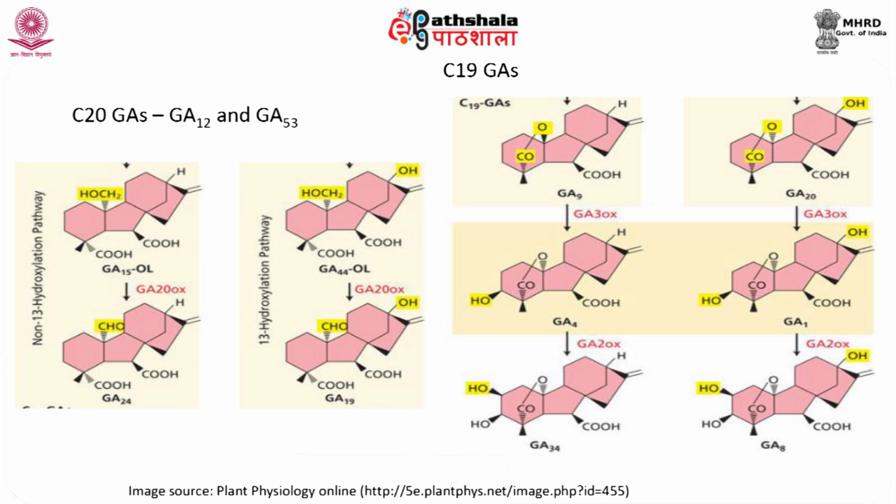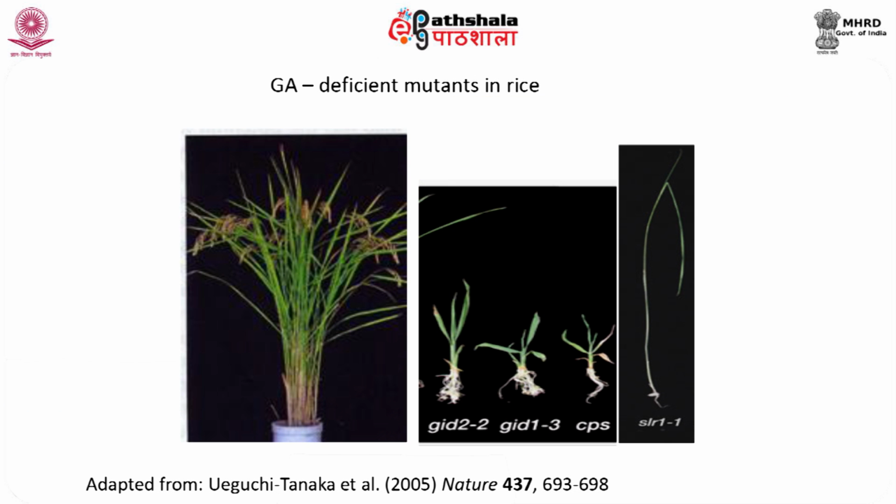GA activity is therefore regulated by the expression and activity of three oxidases: GA20 oxidases, GA3 oxidases and GA2 oxidases. Enzymes in the gibberellin biosynthesis pathway were identified by isolation of dwarf mutants that arose due to GA deficiency. For example, the mutant cps showed a defect in the enzyme copalyl diphosphate synthase.